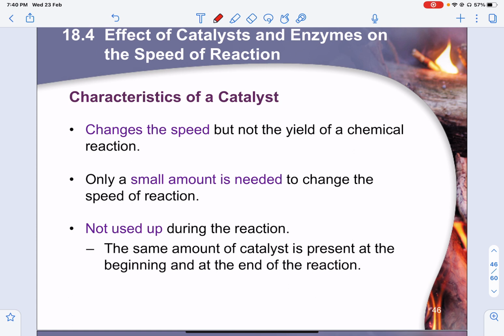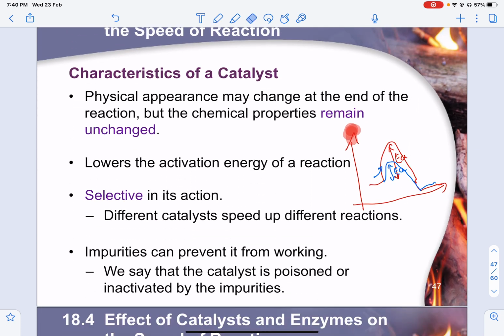And because the catalyst is chemically unchanged at the end of the reaction, only a very small amount is needed to speed up the reaction. It is definitely not used up during the reaction, and the same amount of catalyst is present at the beginning and at the end of the reaction.